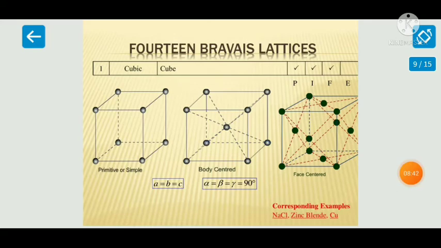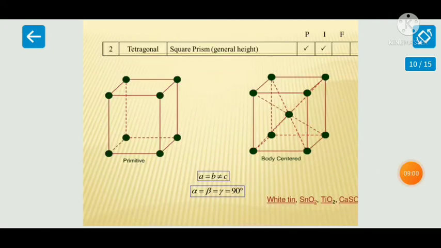The corresponding examples of crystals in cubic structure are NaCl, sodium chloride, zinc, lead and copper. This is a cube.